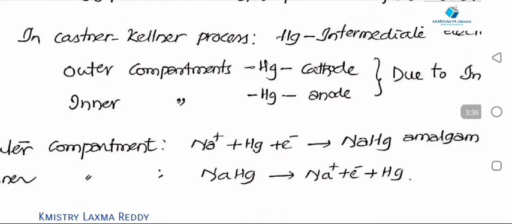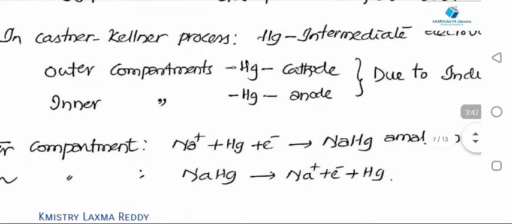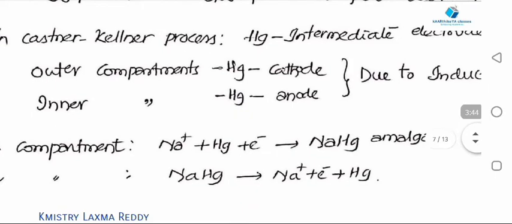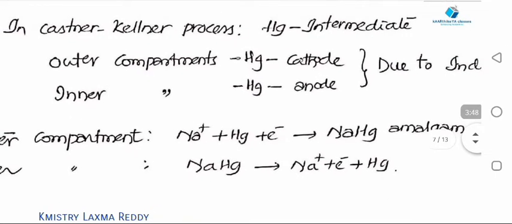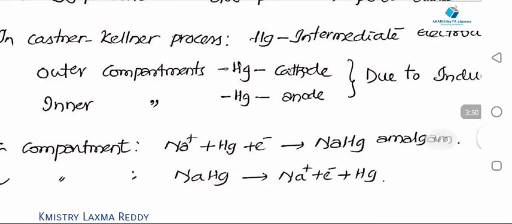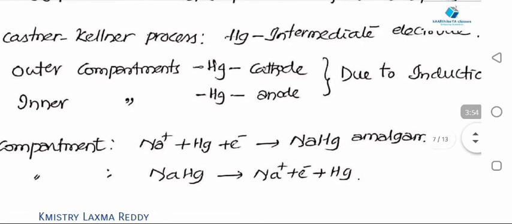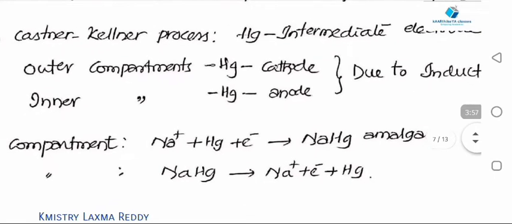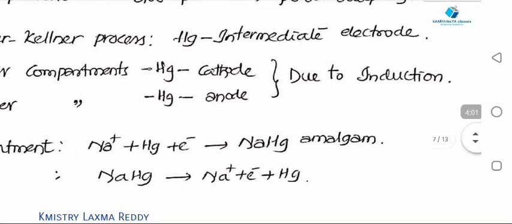Here, we use a rectangular tank which is divided into three compartments: two outer compartments and an inner compartment. All will be having mercury at the bottom. The mercury at bottom in outer compartments works as cathode, and in the inner compartment it is anode.